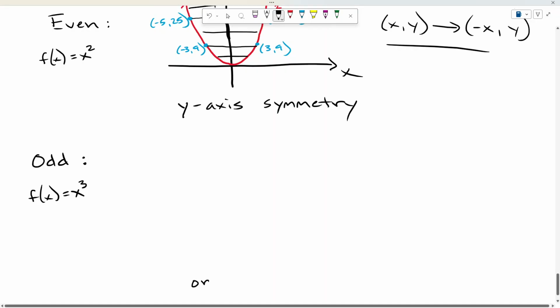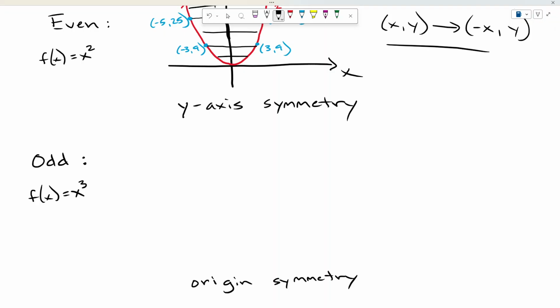so we have odd is origin symmetry, origin meaning 0, 0.